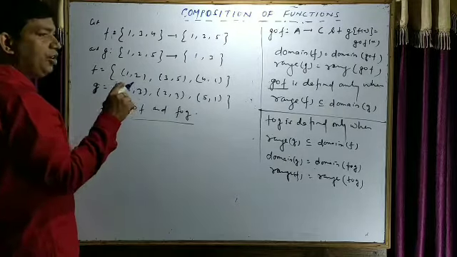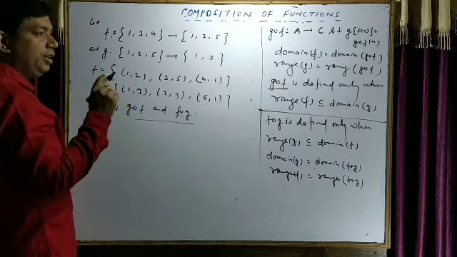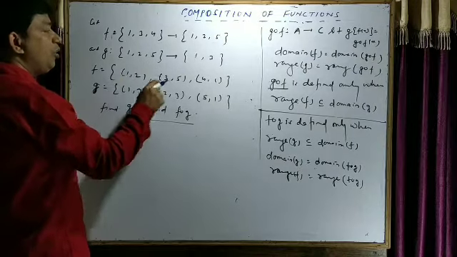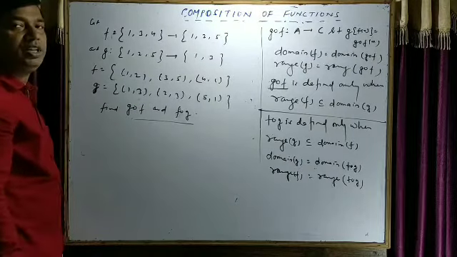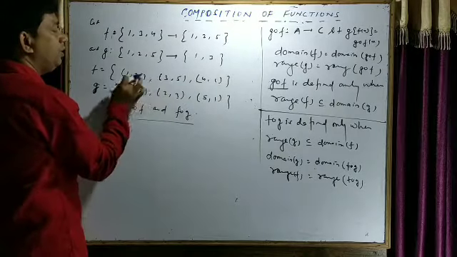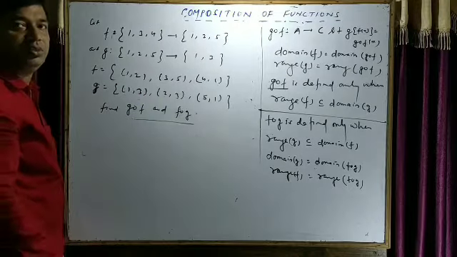Every relation is not a function, but all functions are relations. A relation is called a function when no two ordered pairs have the same first coordinate. If there are, then it is only a relation, not a function.